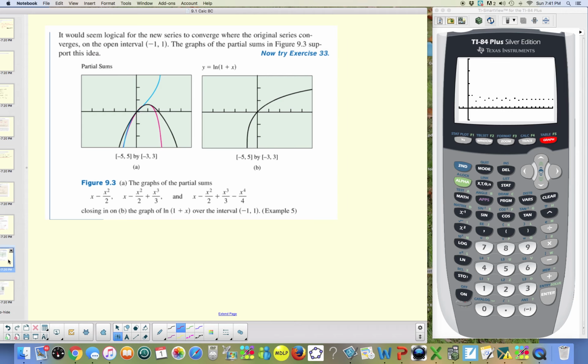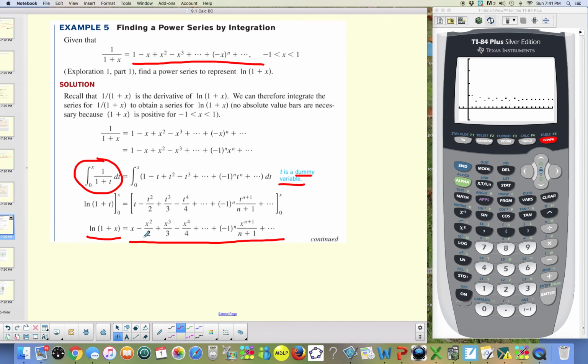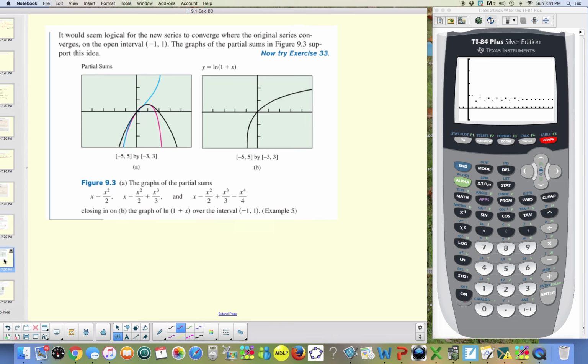All right, let's take a look at the partial sums of these power series, and see how well they represent the natural log of 1 plus x. So we have this formula over here, and we're going to take each term one at a time.